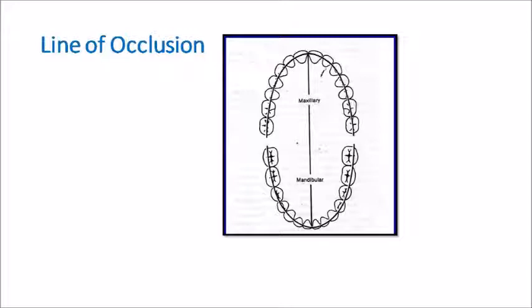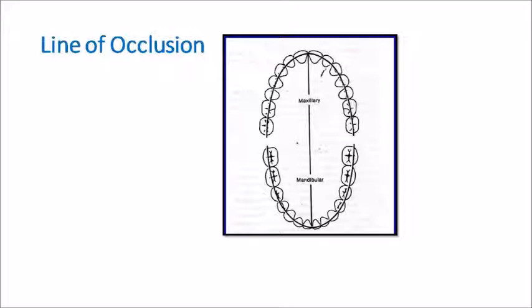In the upper arch, the line of occlusion passes through the central fossa of the posterior teeth, then the cingulum of the upper canine and incisors, whereas the corresponding line in the lower arch runs along the buccal cusps and the incisal edges of the lower teeth.